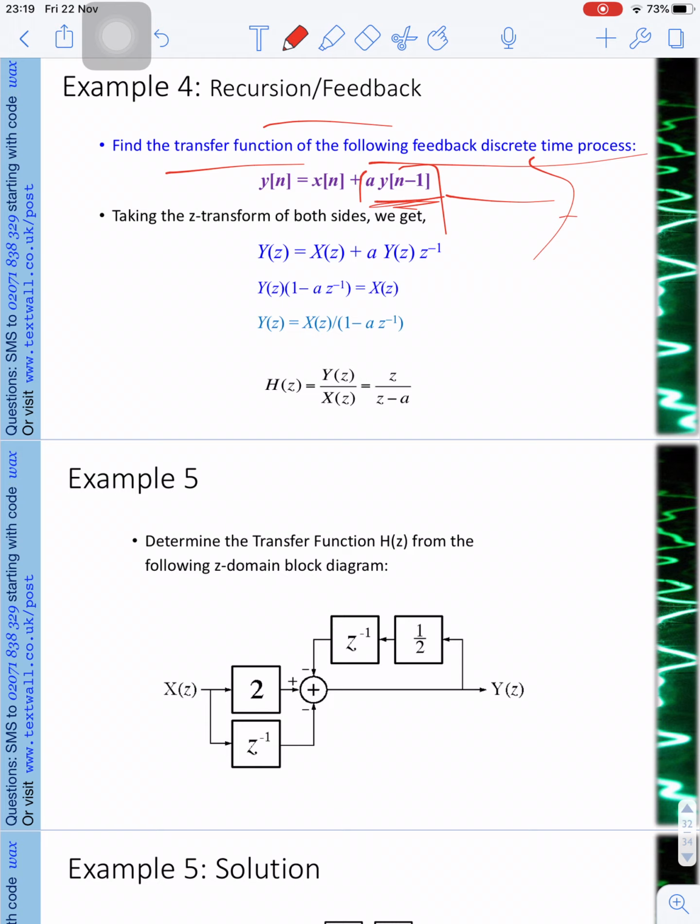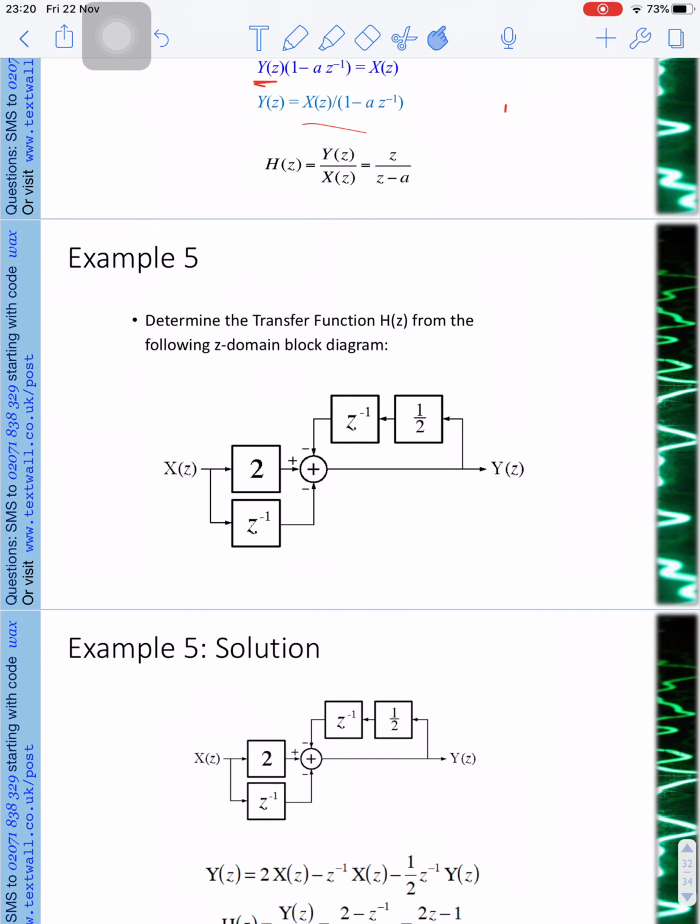It is just a Y(z) z to the minus 1 X(z) and this. We are just going to substitute and solve for Y(z) to get the corresponding H(z), which is defined as Y(z) divided by X(z). Therefore, it is illustrated here.